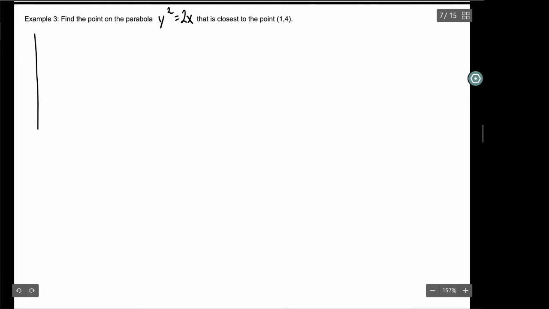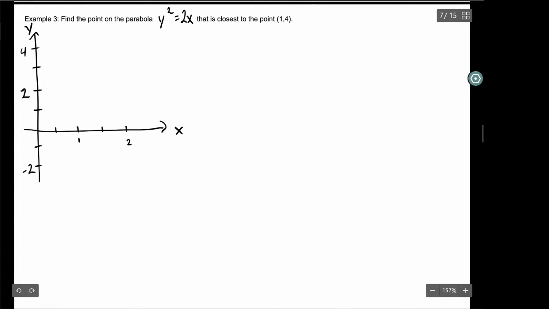Let's go ahead and graph this parabola. Since this parabola is y squared equals 2x, it's going to open to the right here. 1, 2, 3, 4. Let me put a 2 here. There's the y direction and the x direction. 1, 2.